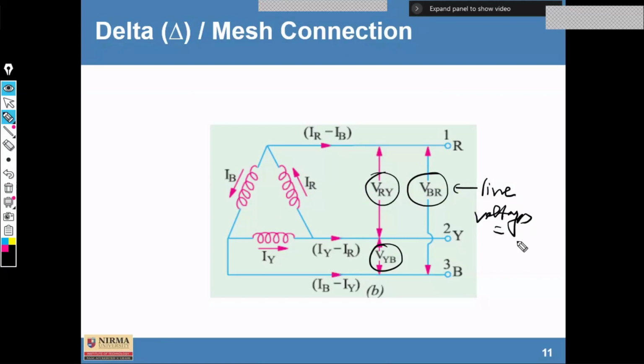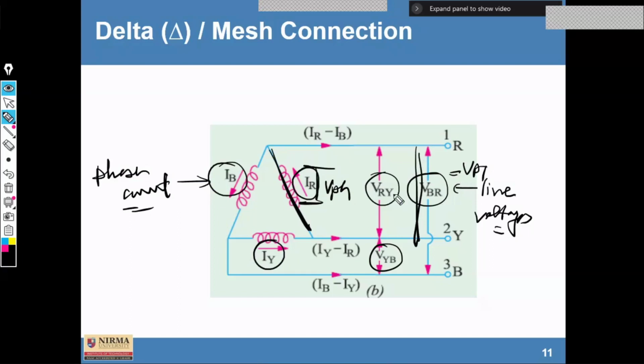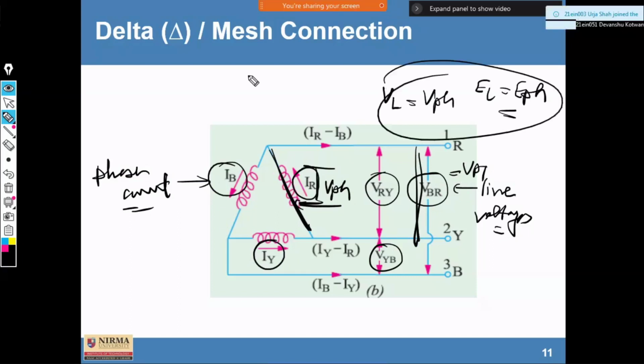And similarly IR, IB and IY are phase currents, because here phase voltage and phase current are the same. Here there is a phase voltage VPH. The voltage across the supply is the same voltage available at the phase also. So in this case VL is equal to VPH, or EL is equal to EPH, for delta connection.